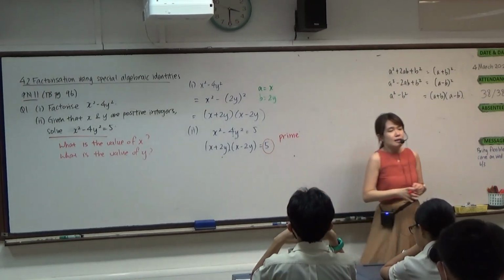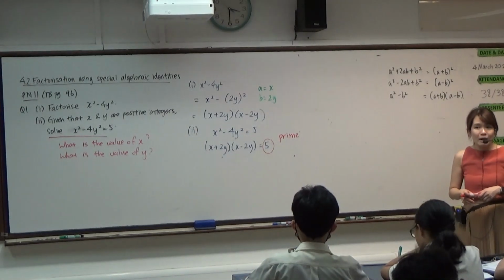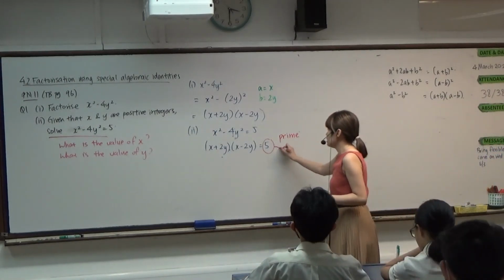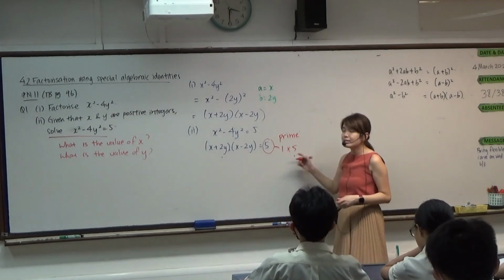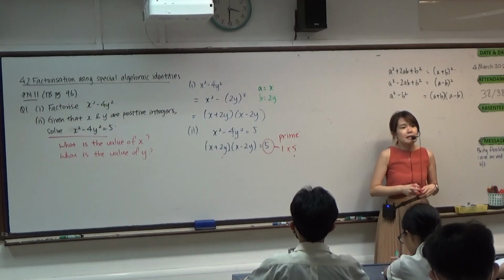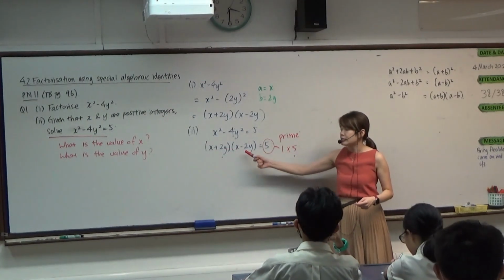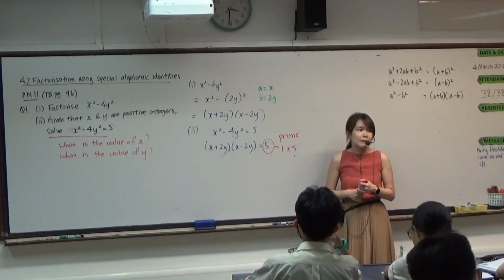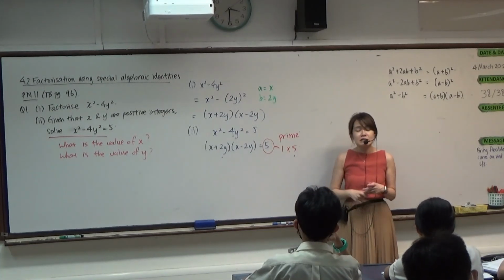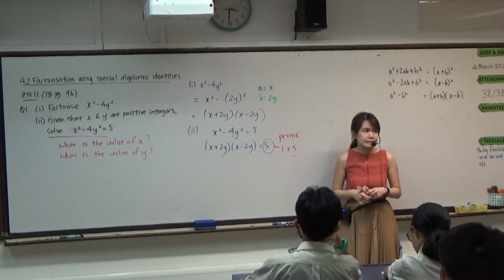Why? Because of all, 1 and 5, they are actually integers, they are whole numbers.